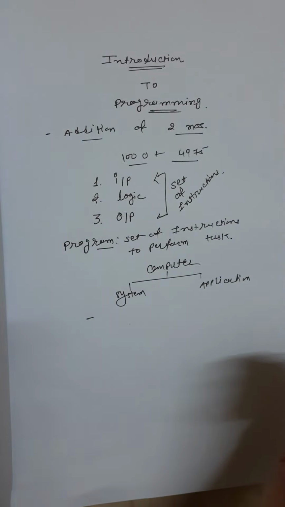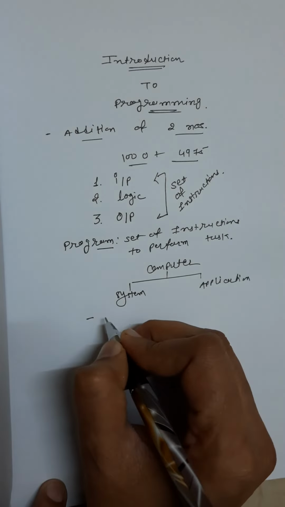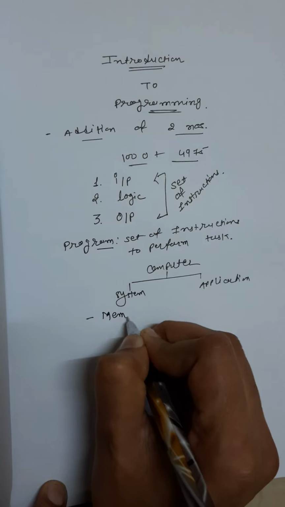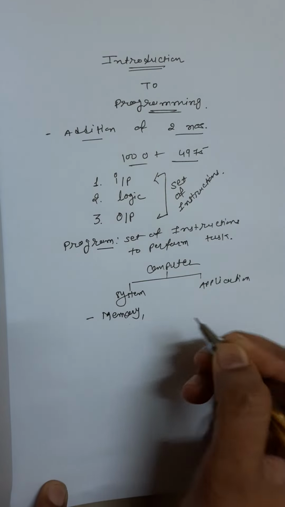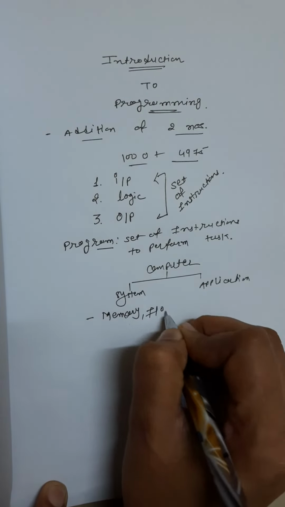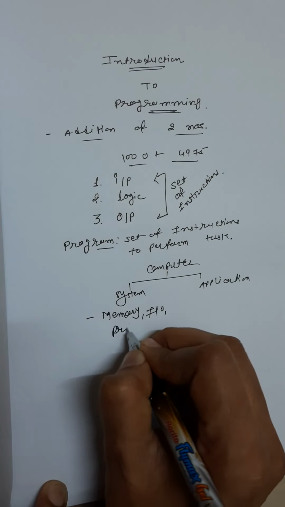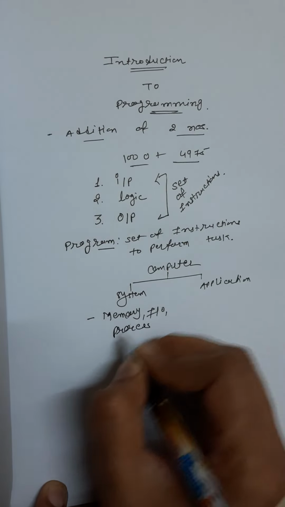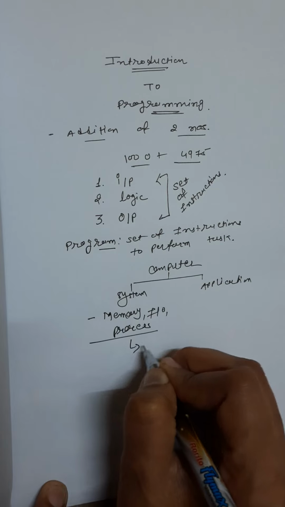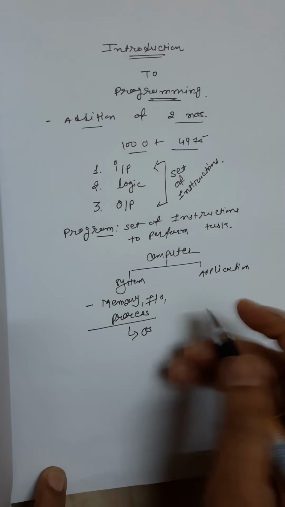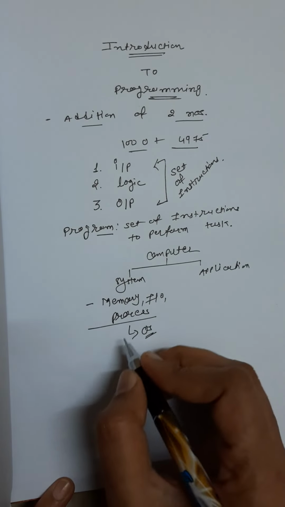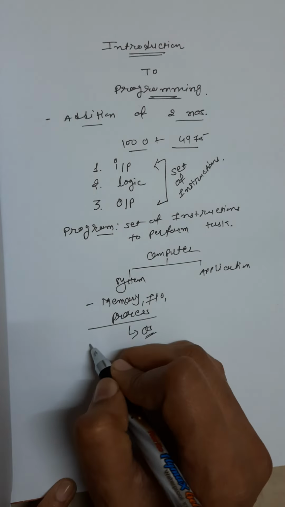Now what all are these resources? Resources are hardware resources, for example memory, input output device management, process management. Okay, so all these are managed by the operating system, and this operating system is an example of system software, right?